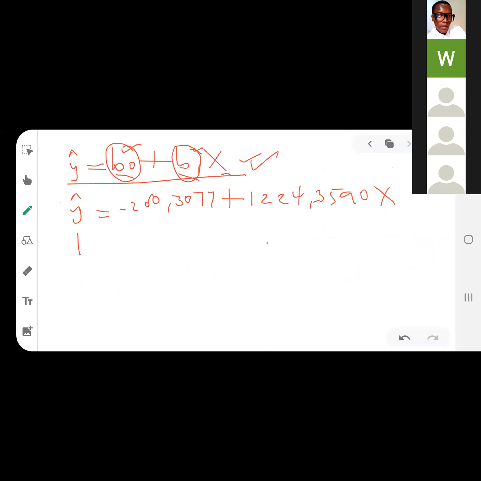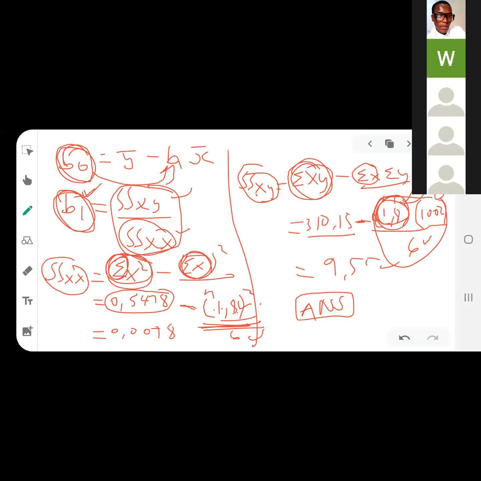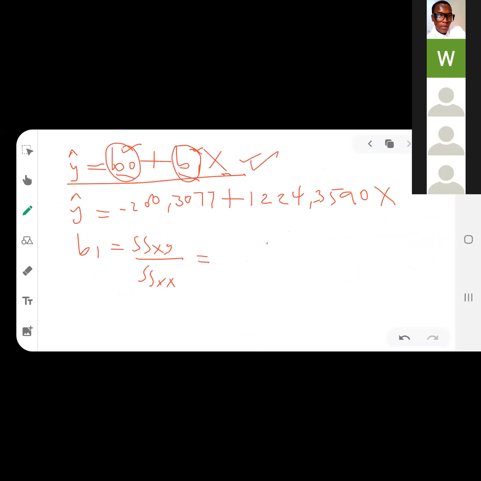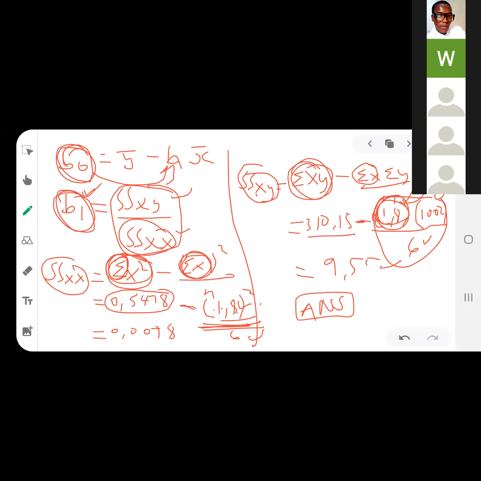Meaning that B1 is equal to SSXY over SSXX. What is the SSXX? We got 9.55. So it's 9.55 divided by SSXX, which is 0.0078.